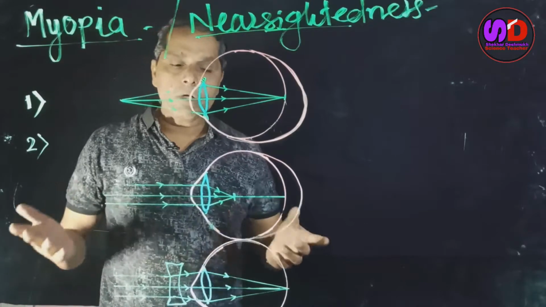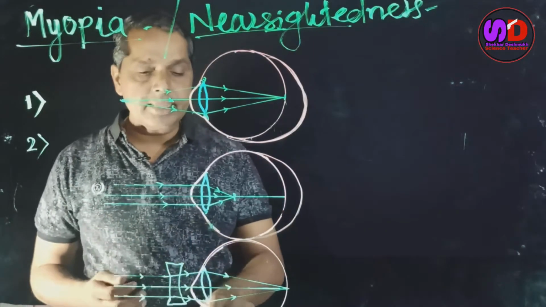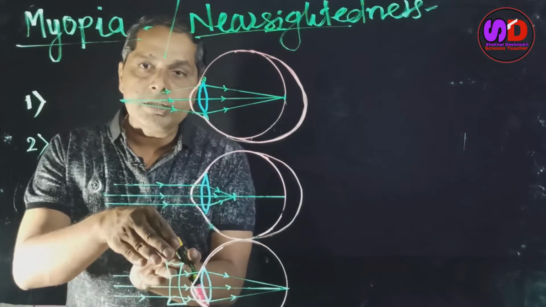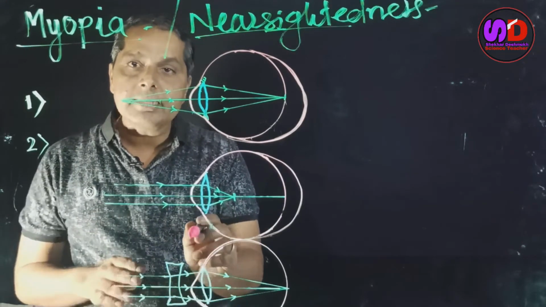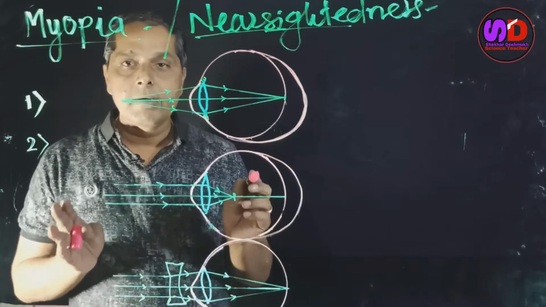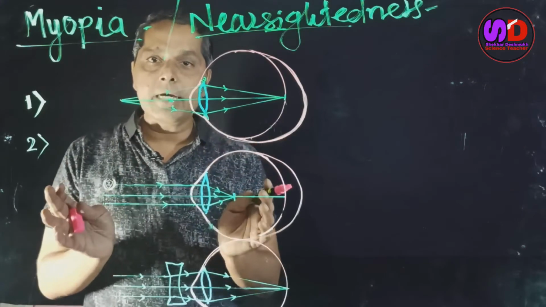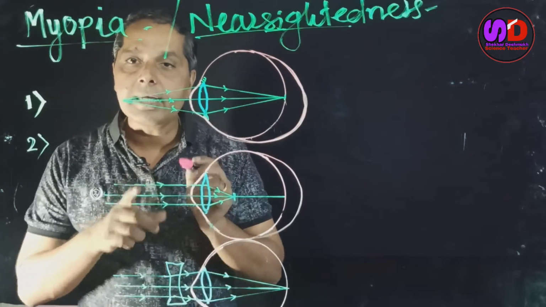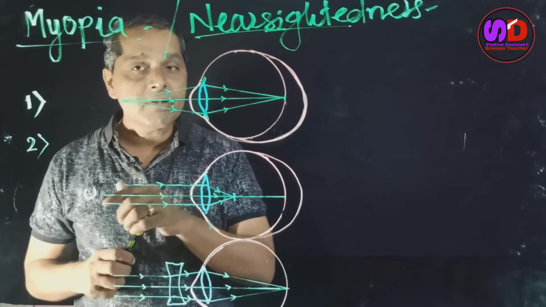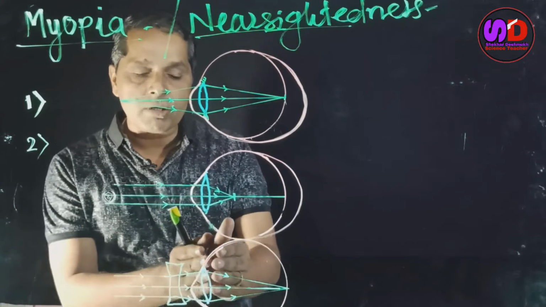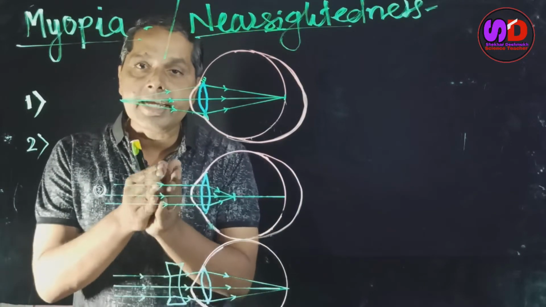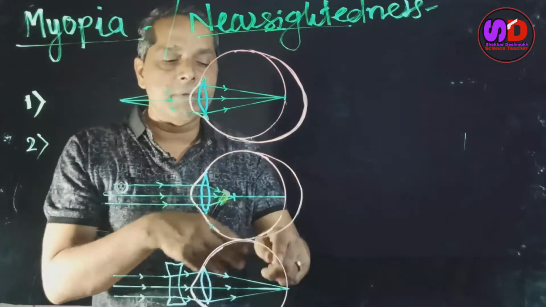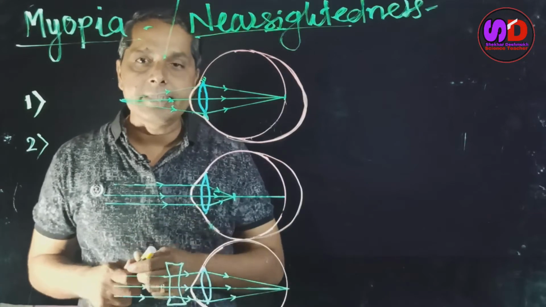And then what is the remedy for that? You can see in this diagram, the light rays are coming close to each other. The converging power of the lens is high due to the increasing curvature of the lens. So by using a diverging lens, that means a concave lens, before falling on the eye lens the light rays get diverged, they go away from one another, and after convergence the image is formed exactly on the retina.